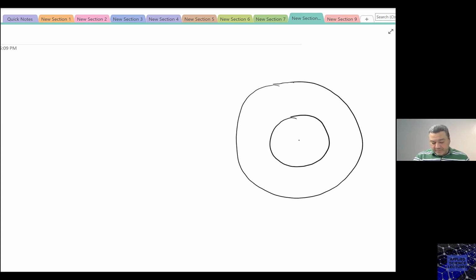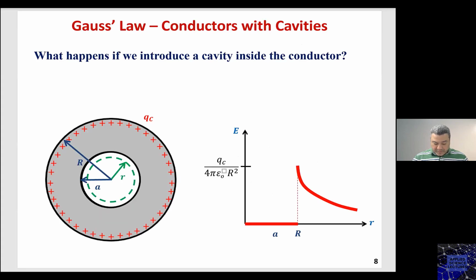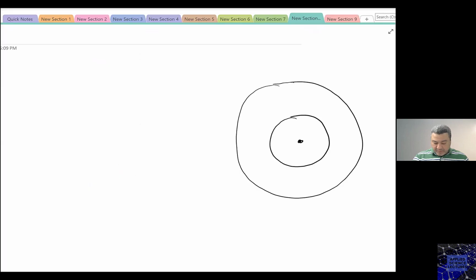The cavity is air. Here we need to verify that we're using the same notations, parameters, and variables. This is A, the radius of the cavity. This is capital R, the radius of the outer surface of the spherical conductor.